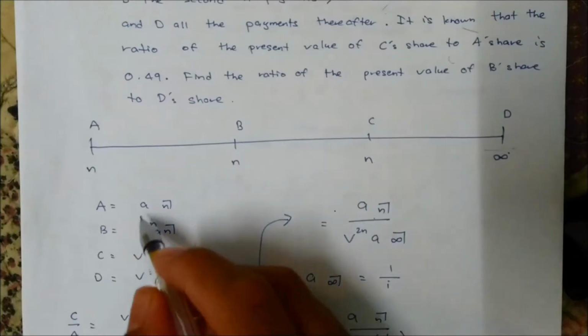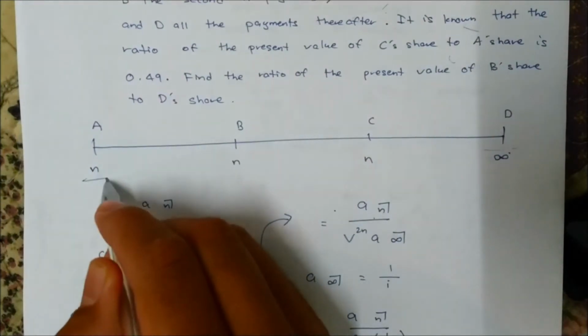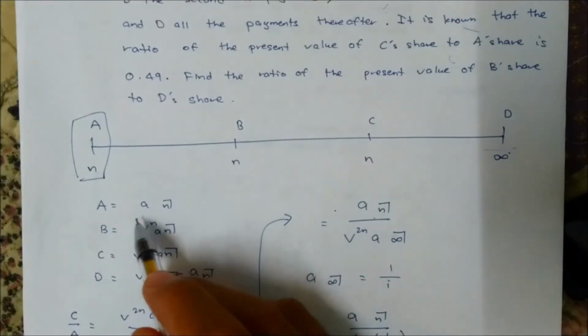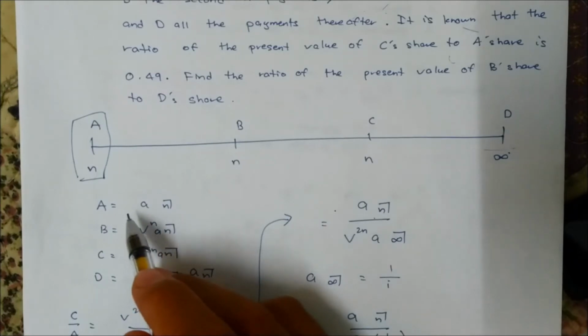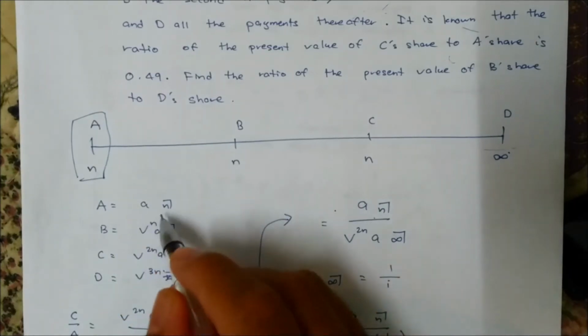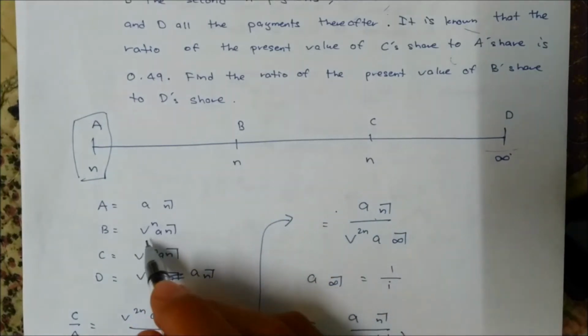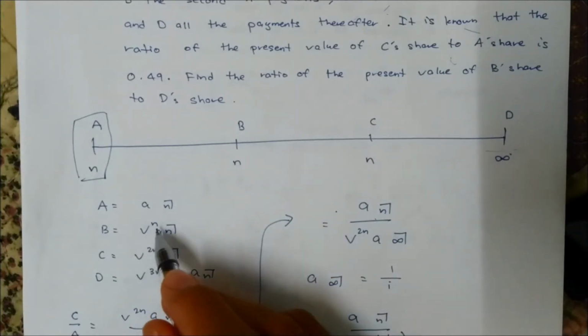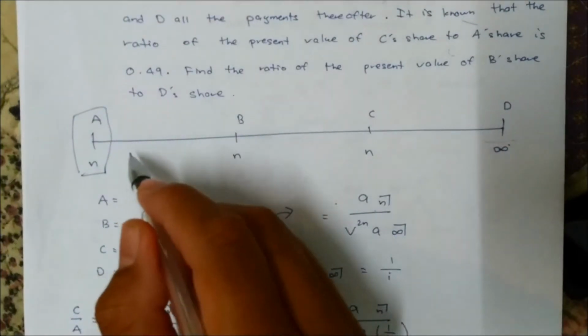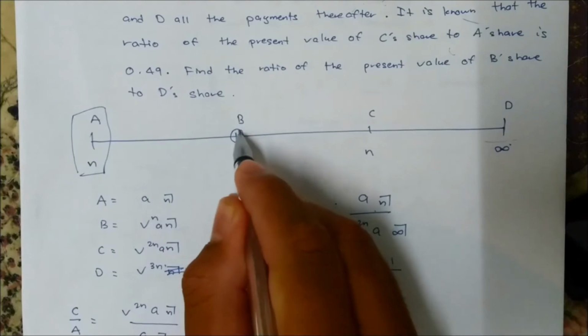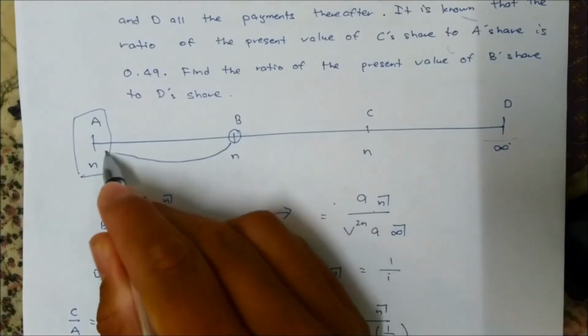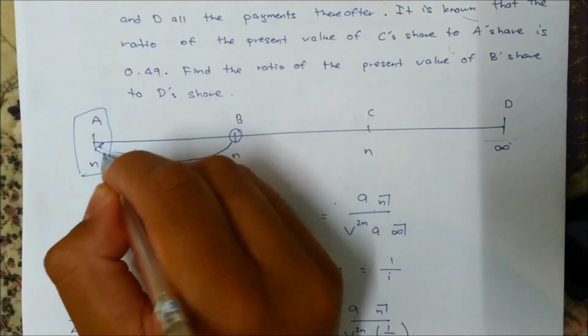Since A is the starter, the expression for the present value for A is A angle N, and B becomes V to the power of N times A angle N. This is because during the investment period, the present value is collected throughout the annuity.